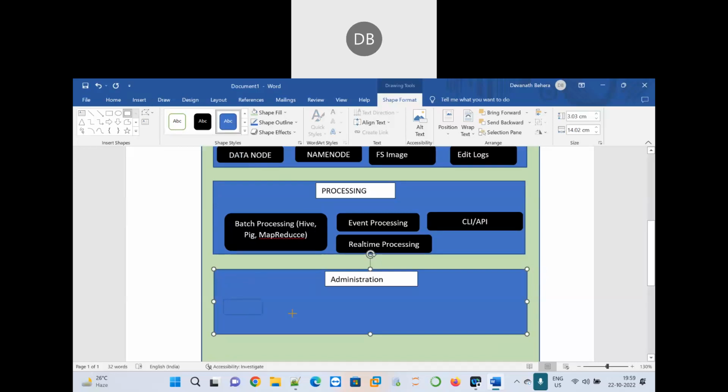We're going to use Oozie, then Zookeeper, then a client API.